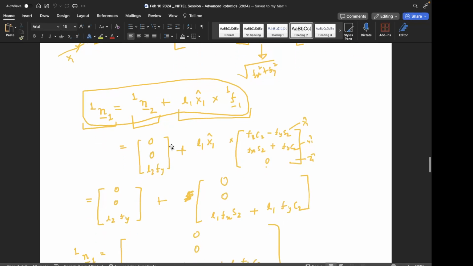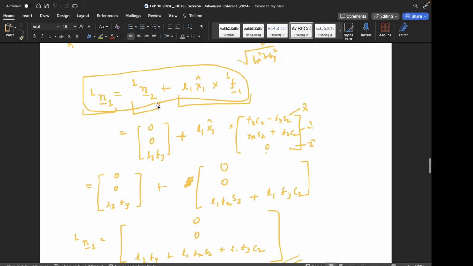Just writing these quantities very carefully, note that I have chosen frame 1 for this entire expression. I will reiterate that whenever you write these expressions, initially you can write them in a frame independent notation, but before solving them, or before explicitly writing the components of the vector, we have to select a frame.